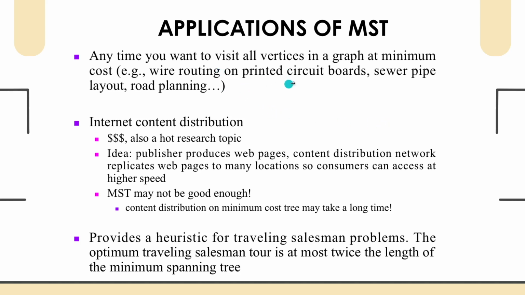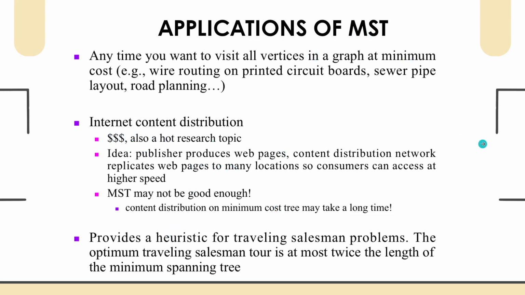For instance, if we imagine a printed circuit board, then routing all the wires, and when it comes to city planning, how to lay the sewer pipes, and in road planning, wherever we have to link certain things via the shortest path, the least cost, then it is wise that we use the minimum spanning tree algorithm. And for content distribution over the internet, and also for providing heuristics for the traveling salesman's problem, minimum spanning tree algorithms are quite useful.